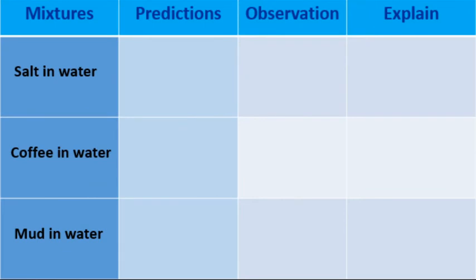Now, using the form below, you will make predictions of what will happen if the three materials are added to the water in each glass. So after giving your predictions, add the materials to the water, then write your observations. You can try the experiment too.